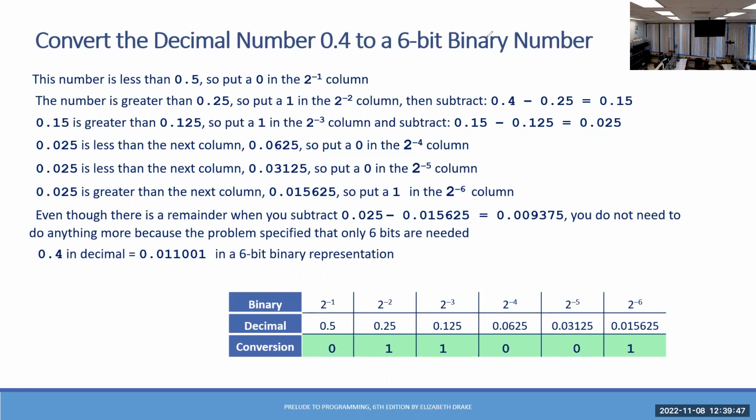We have to decide how many bits in the fraction part you want to store: stop at 8, 16, and so on. But the process always follows exactly the same. You break it down into the column values, -1, -2, -3, and so on. For each column, it has a specific value: 1/2, 1/4, 1/8, 1/16, and so on. Make sense? Okay.